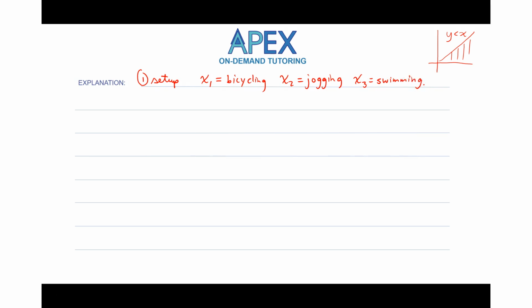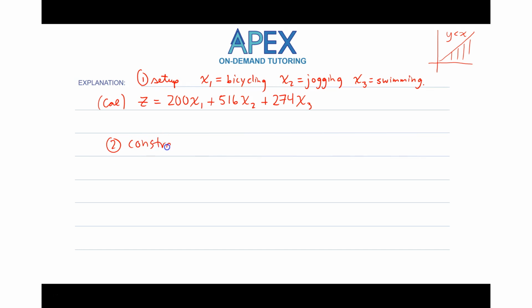What we want to do is maximize the number of calories burned, which we represent with the variable z. That's going to be 200 calories per hour times the number of hours bicycling, plus 516 for jogging per hour, plus 274 per hour while swimming. That's our first step, and we're going to have several constraints.